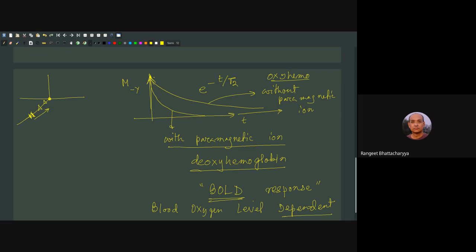But before that, we already have this graph, and we identified that the new blood which is coming in, which carries the oxyhemoglobin, decays slowly, and the blood which was already there, the deoxyhemoglobin, is paramagnetic, so it decays faster.